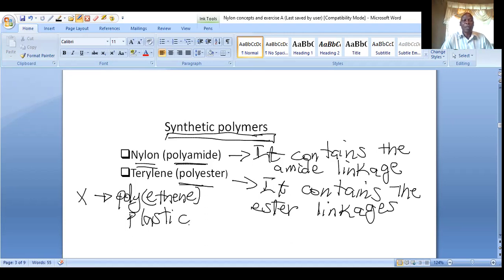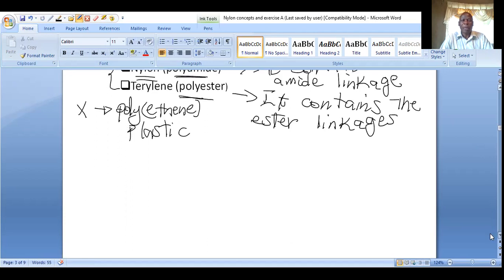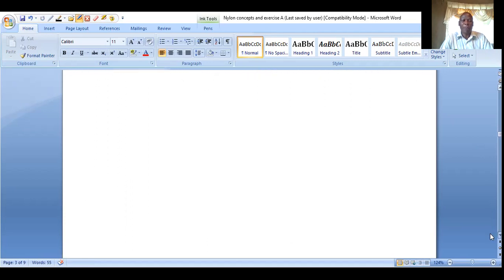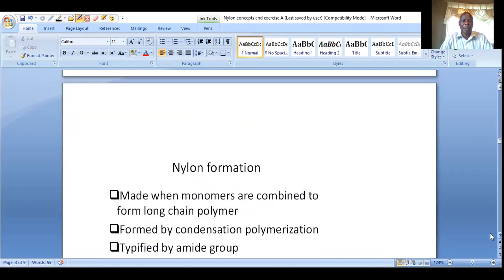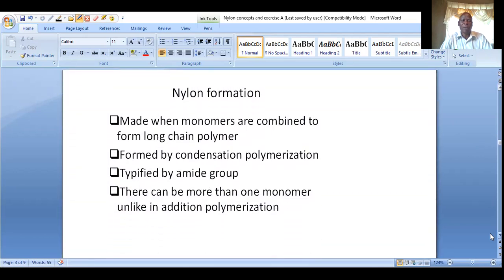We are looking at condensation polymerization. And therefore, we are going to look at only one of these condensation polymers. Nylon is the one we're looking at today, which is a synthetic polymer.